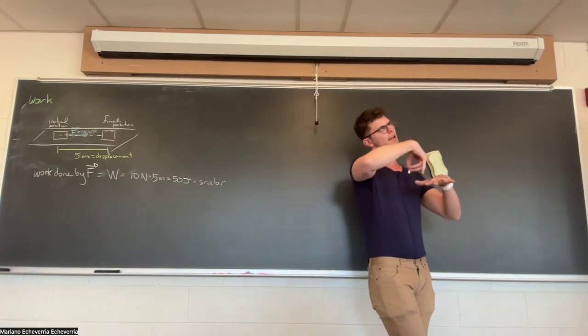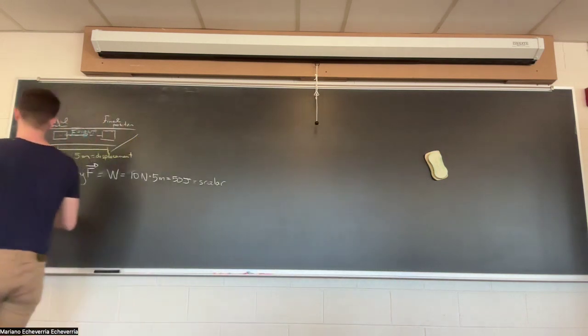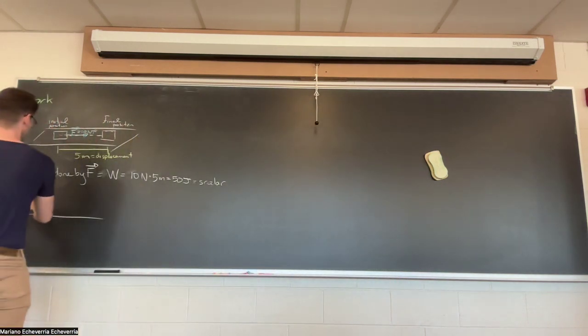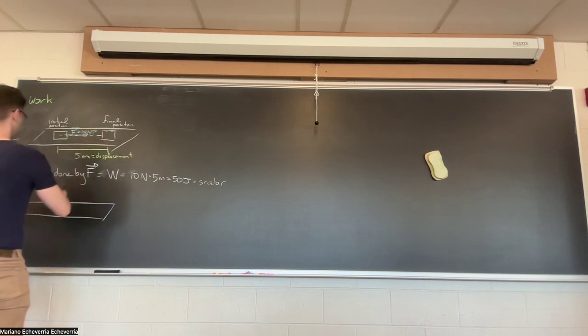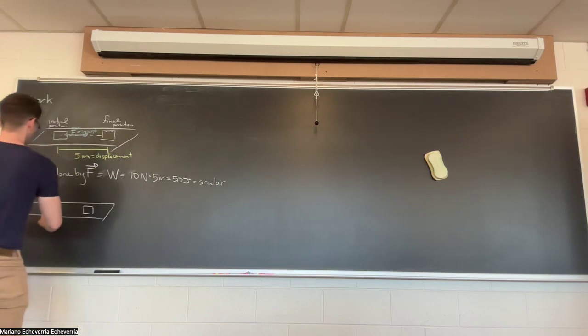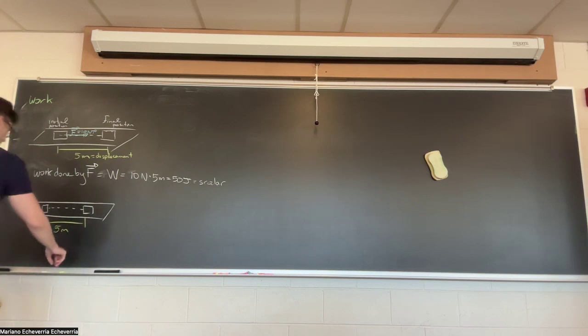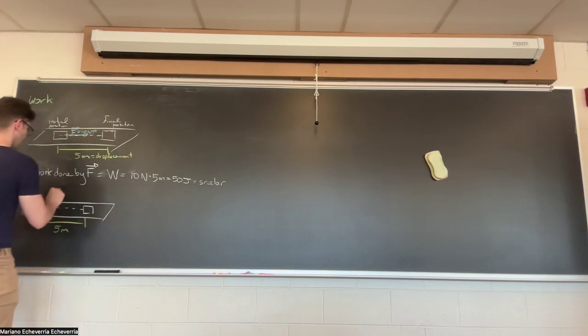Now, there is a slight variation of this problem. Let's say you have the same mass, the same object, and the same displacement, but now the force is not perfectly aligned with the object; rather, it's at an angle.